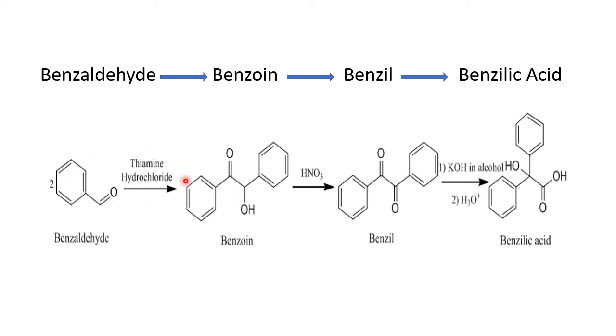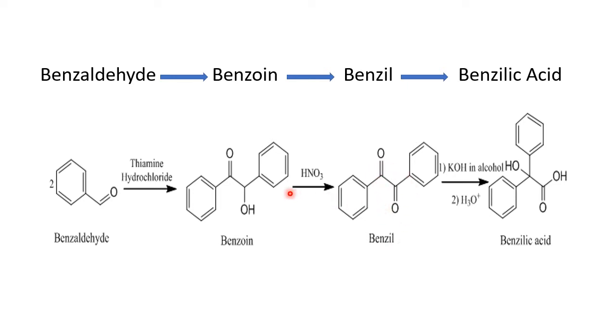In this reaction, we are not using thiamine hydrochloride, we are using cyanide, potassium cyanide. Then from benzoin, in the second step, we are preparing benzil. Benzoin is an alpha hydroxy ketone, and from this we are getting benzil, which is a 1,2-diketone.